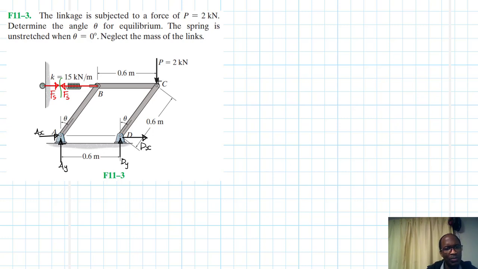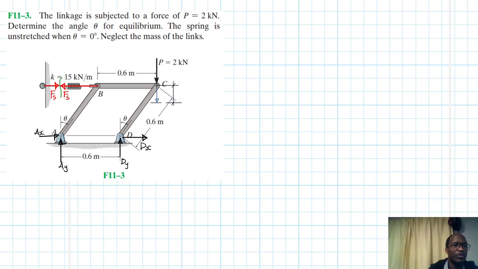So I'm going to apply it at C, in the direction of my force. Again, you don't have to do that. You can apply it anywhere else. So apply it in this direction like so. I have applied some virtual displacement in that manner. So let's say this is my displacement.